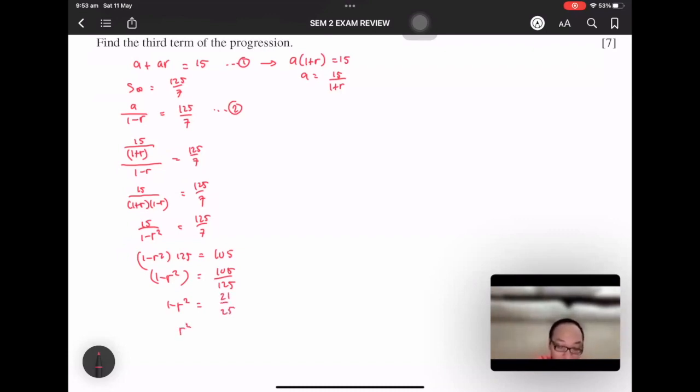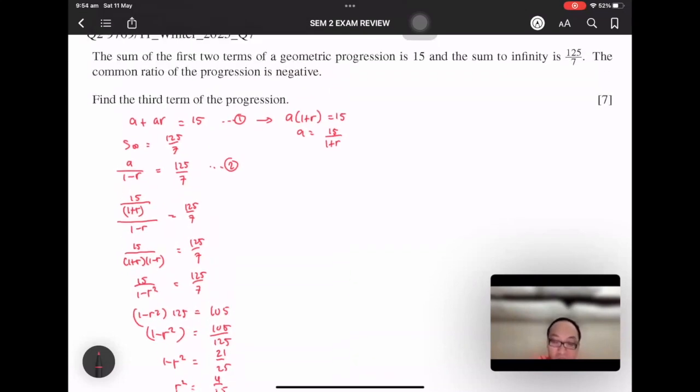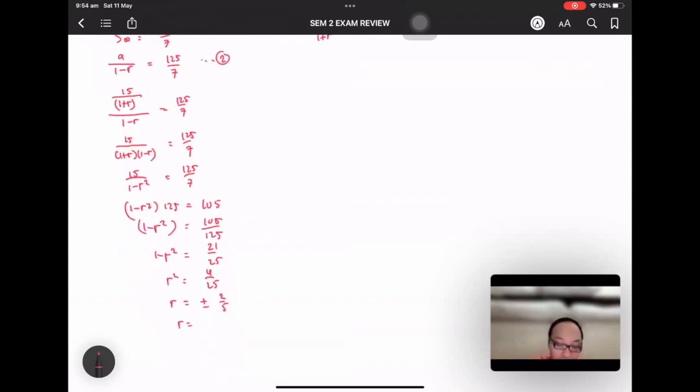So R squared equals 1 minus that, which is 4 over 25. So R can be plus or minus 2 over 5. But in here, the ratio is negative. So we take R equals negative 2 over 5.